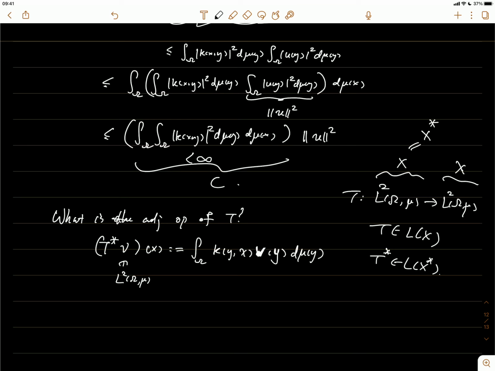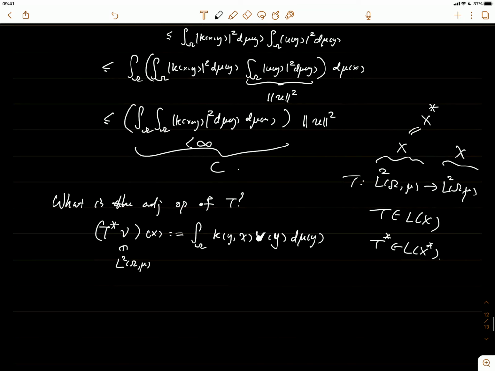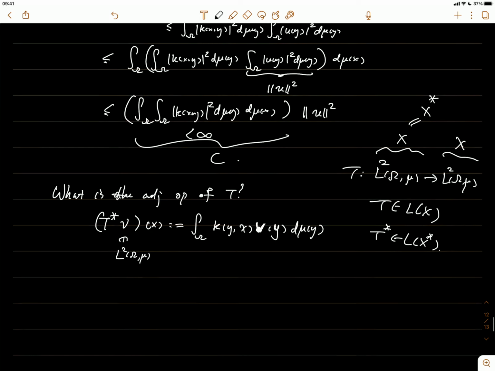Just switching x and y. So we're going to claim this, and to show this claim, we just need to see if this verifies the definition of the adjoint operator.